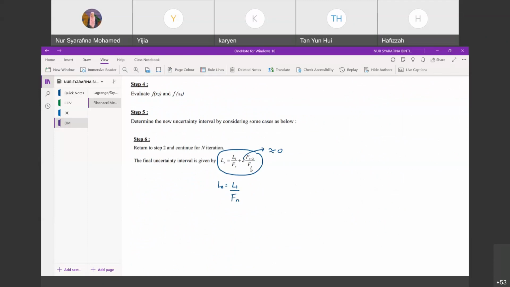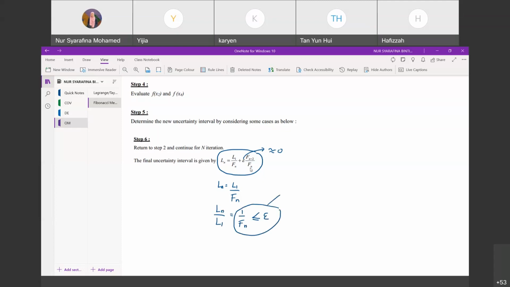So from here, Ln over L1 equals 1 over Fn, and this is less than epsilon. So this is how we can identify the number of iterations.